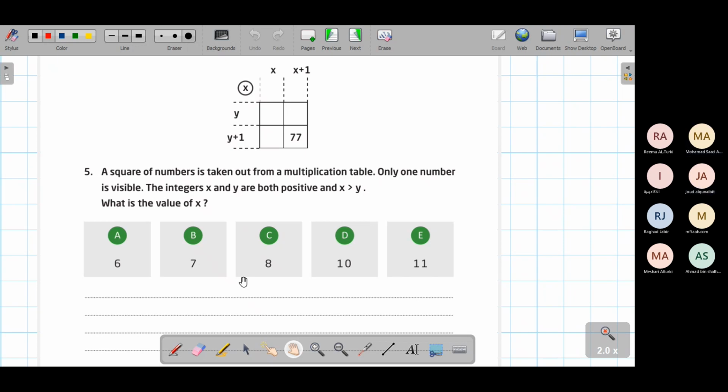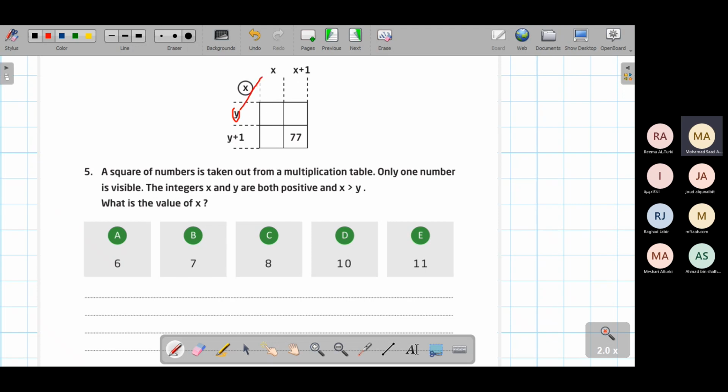Yalla. Read carefully the given again, Jude. Together. A square of numbers is taken out from a multiplication table. So this is a multiplication table. What does that mean, Jude? It means I will multiply y by x and y by x plus 1, and the answer will be here.